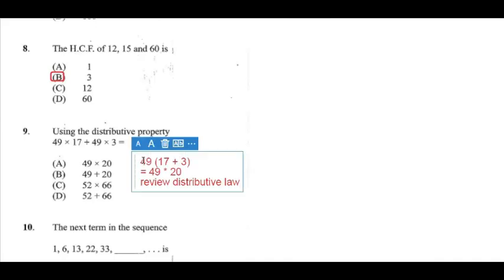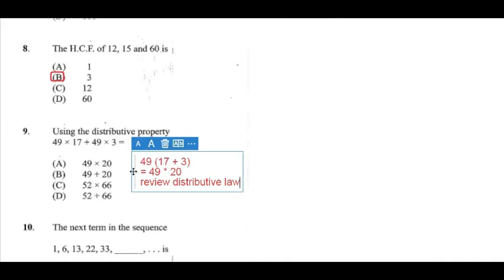So number 9, using the distributive property, 49 times 17 plus 49 times 3 is equal to. So remember, when you're looking at the distributive law, it is multiplying a number by a group of numbers, and when added together it is the same as doing each multiplication separately. So therefore in this case we're multiplying 17 and 3 by 49. So therefore it is 49 bracket 17 plus 3.